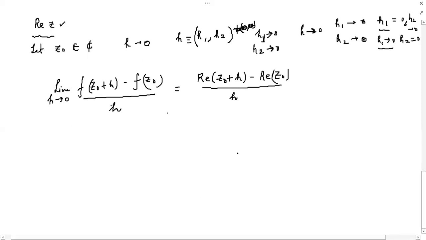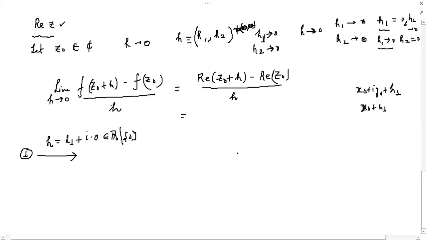Now, if I approach along the real axis, let us say that H is H1 plus iota into 0. That is, if H is purely real, except 0, obviously, then Z naught would be x naught plus iota y naught, and H is purely real, so Z naught plus H has real part x naught plus H1.